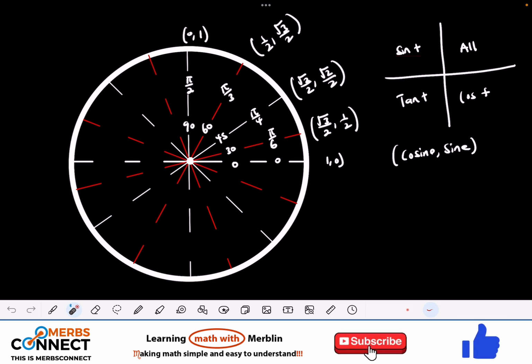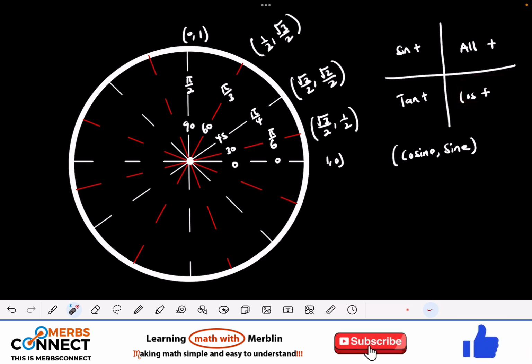In the first quadrant, all the trig functions are positive. So let me write all plus, right? They are all positive. When I move to the second quadrant, it's only sine that is positive, meaning that cos and tan are negative. The same thing in the third quadrant: only tan is positive, cos and sine are negative.